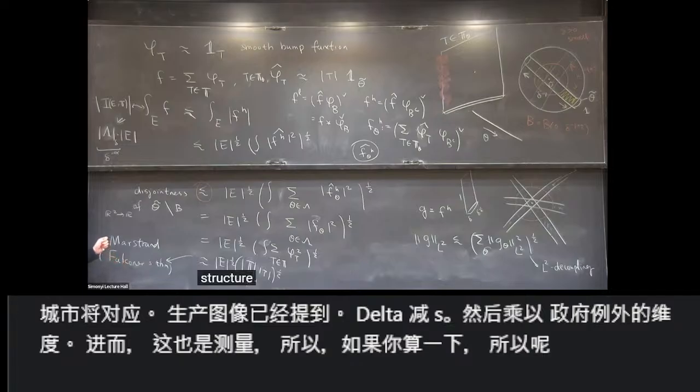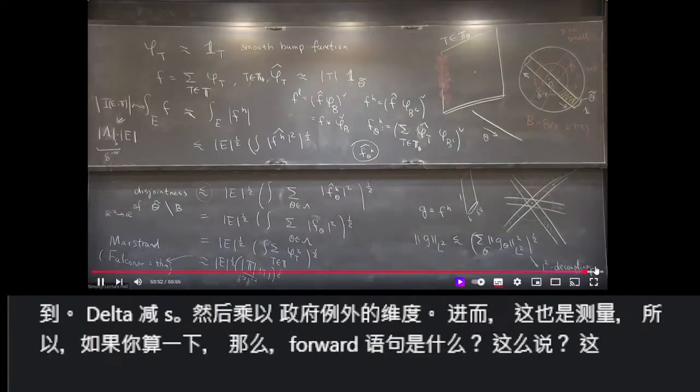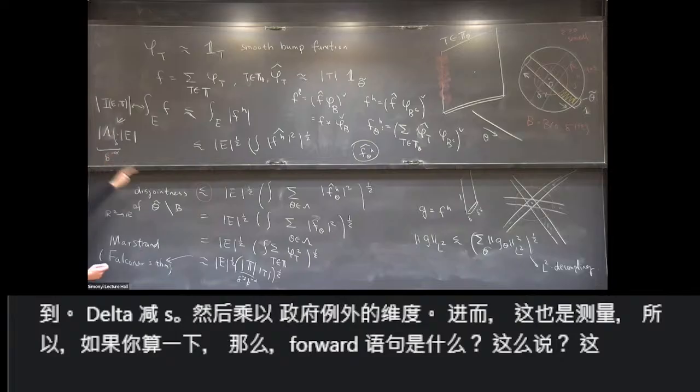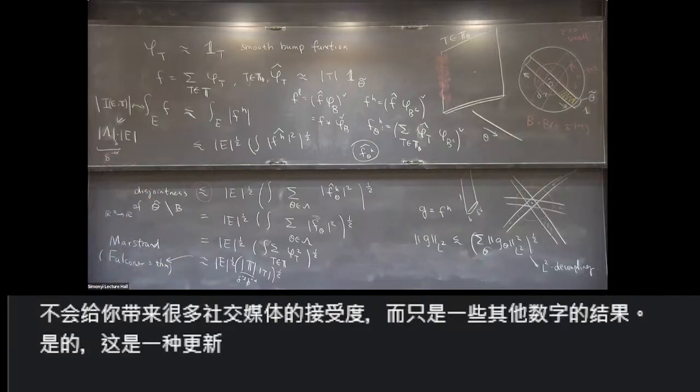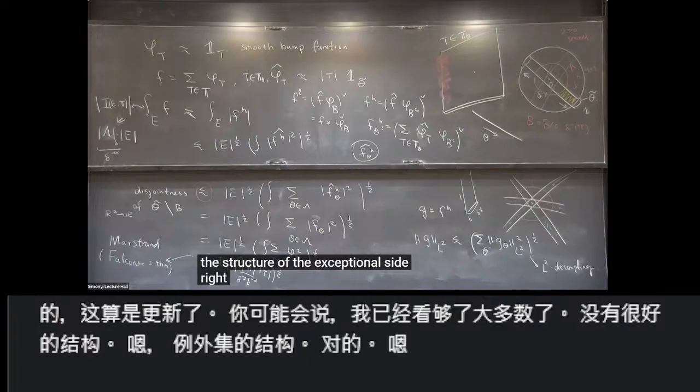So what does the broad statement say? Does it give you a bound on the Hausdorff dimension of the exceptional set? Yes, basically, and it's some number that comes out of the other numbers. And that's the most you can hope to say, there's no nice structure to the exceptional set? Right, I don't know.